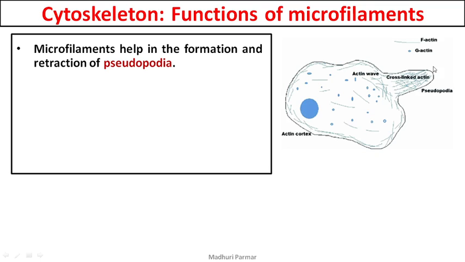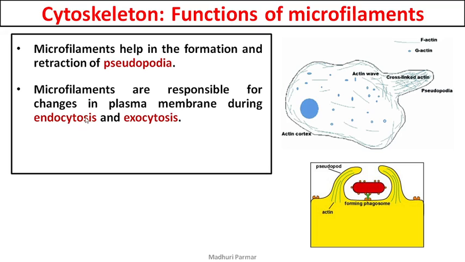So wherever there will be increase in the length of F actin, you will see that the pseudopodia will move in that direction. Clear? So microfilaments help in formation and retraction of this pseudopodia. Whenever the function is done, then the F actin again starts disintegrating into G actin, and the pseudopodia comes back. Clear?